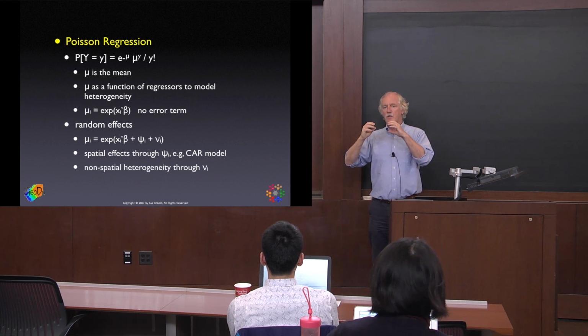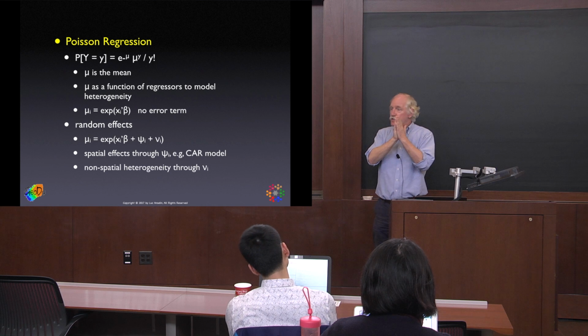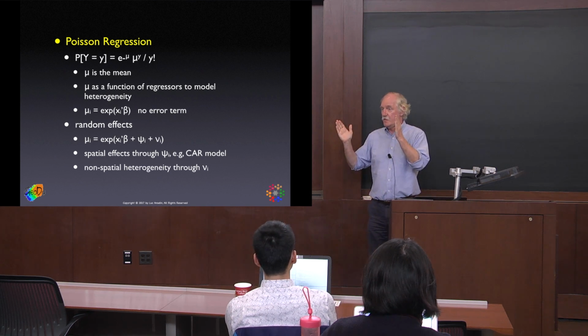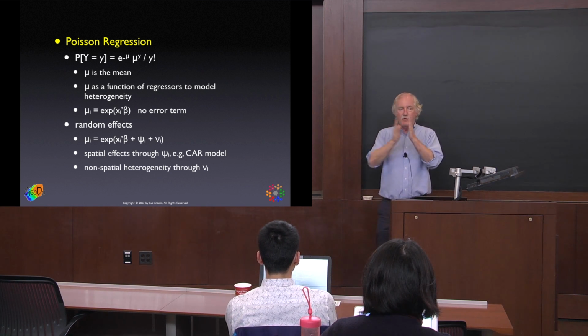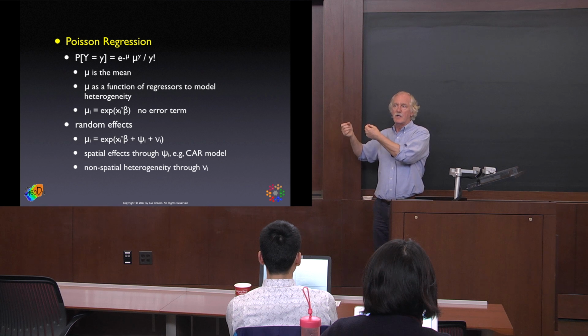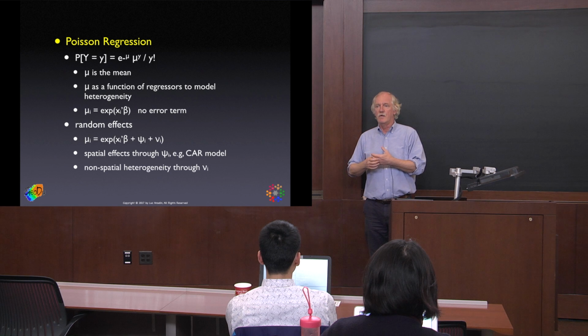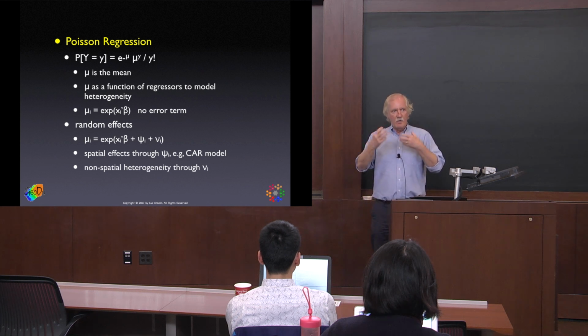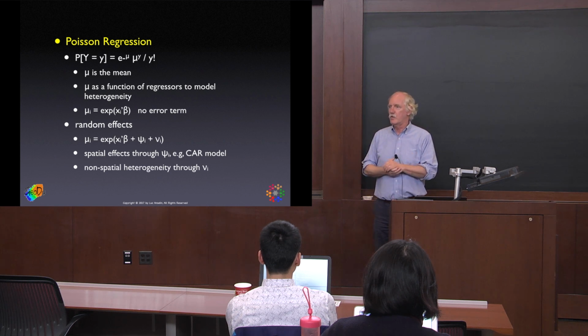So on average, they're all the same, right? But if you do a Bayesian thing, you do draws, then you will be drawing these random effects from a distribution that is spatially correlated, which means that the intensity will show a spatial structure, right?